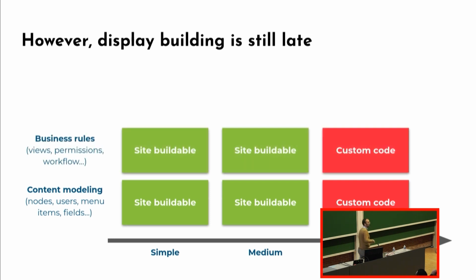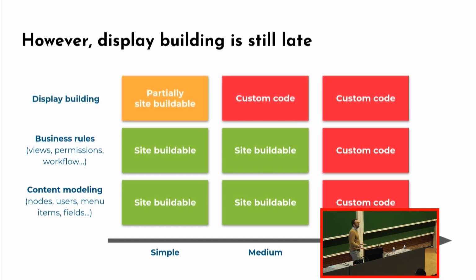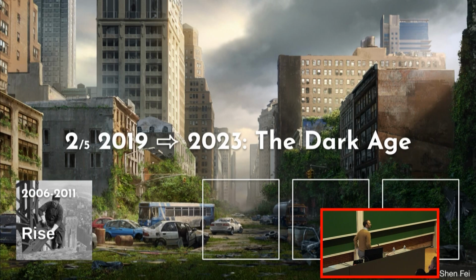For business rules, like roles, workflow, permissions, everything, you can go very far without starting your custom code. It's crazy. But for display building, you need custom code very quickly. Why are we in this state now? Because we got the dark age.